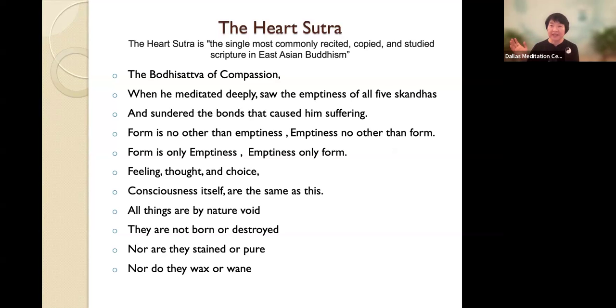What are the five aggregates? The five aggregates: form, perception, feeling, consciousness. That's one more. There's one more. So actually, in the text, it talks about these five aggregates. The form is more like the physical world, our physical body, and then the way that we understand the world and each other.